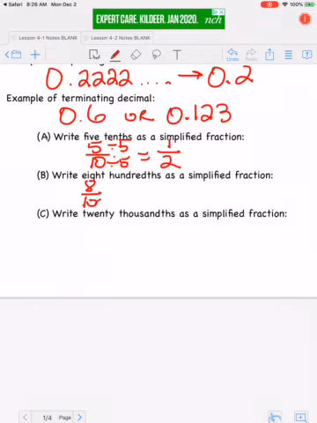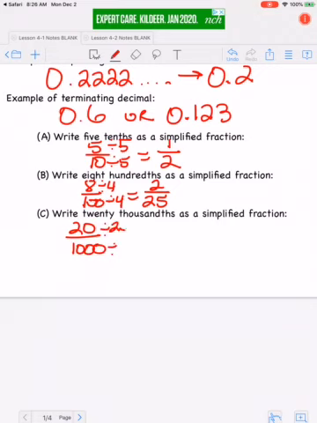So we have 8 over 100, and our common factor is 4, so we get 2 over 25. And then 20 thousandths would be 20 over 1,000. You can divide by 20, and you would get 1 over 50. Okay, go ahead and turn to the next page.